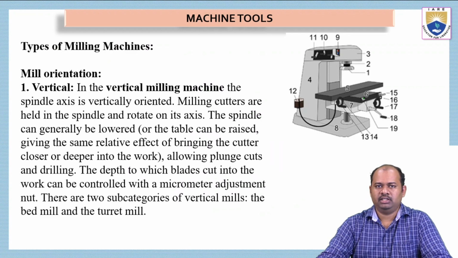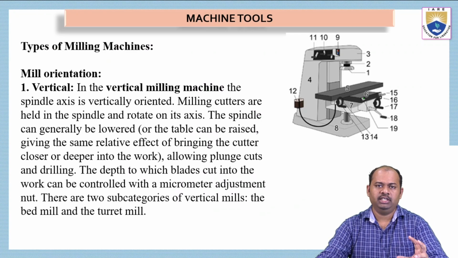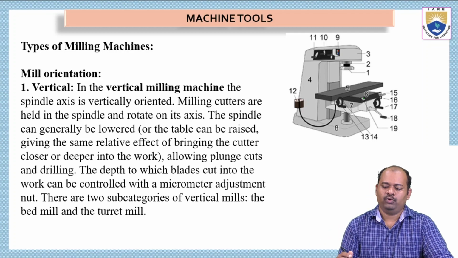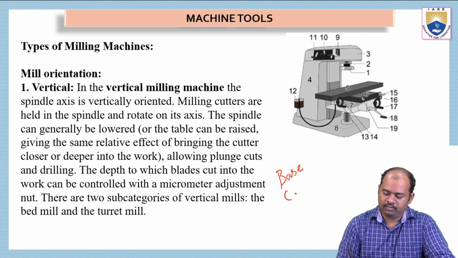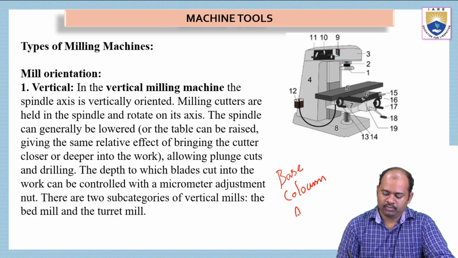So in the previous lecture, we have seen the basic parts of a milling machine. Suppose if this is a milling machine, we have the basic parts like starting from the base, then the column, and upon that we have the arm, which is a hanging arm.